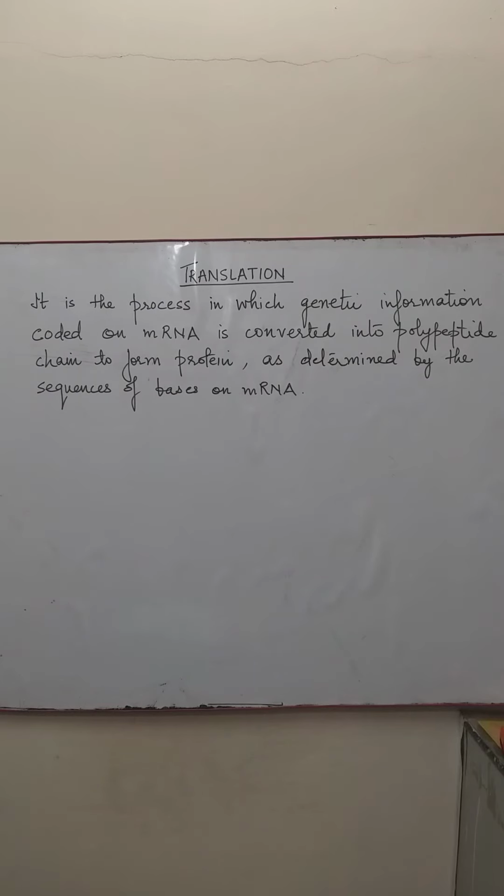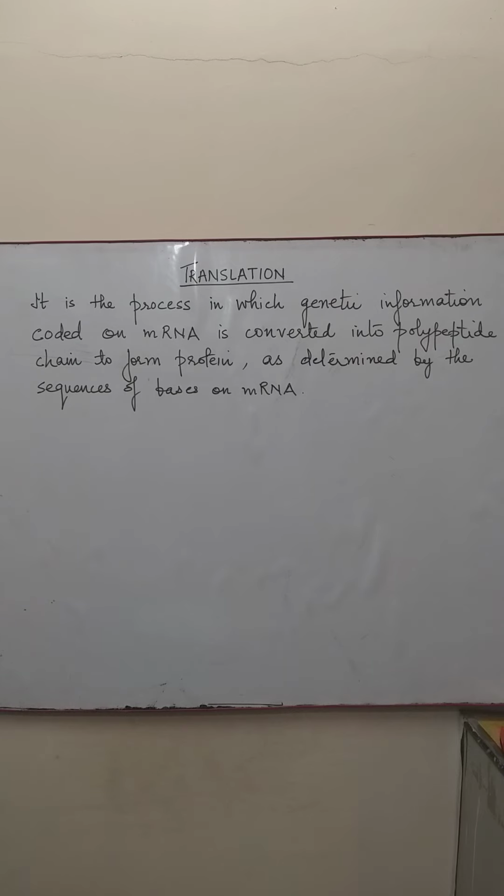Translation. We have studied that DNA, by the process of transcription, forms mRNA, that is messenger RNA, and that actually carries the code for the synthesis of the protein in the form of genetic code.